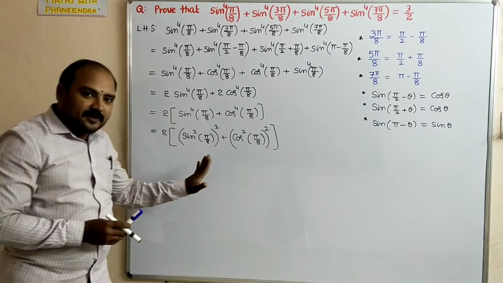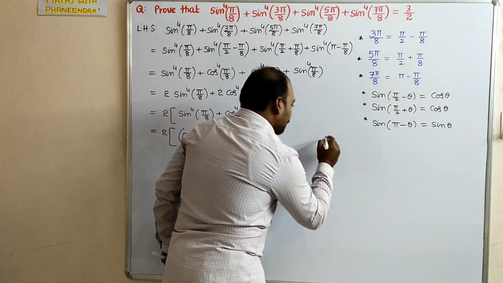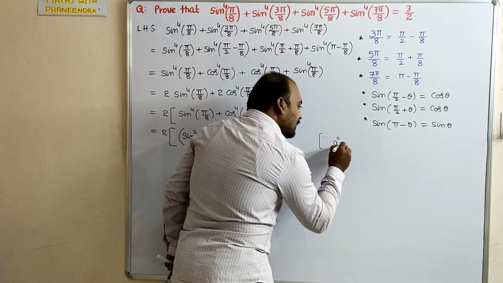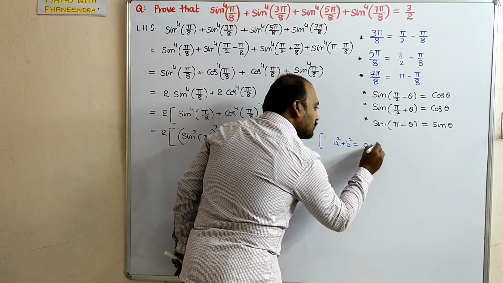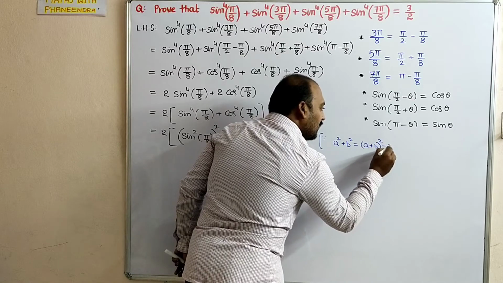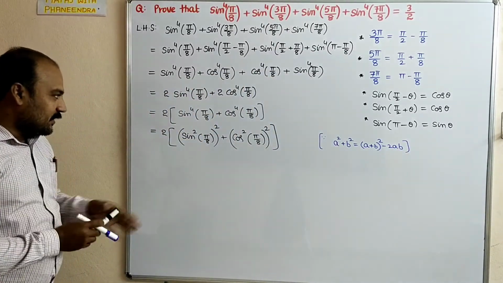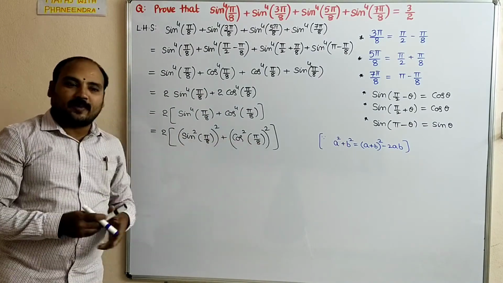After writing this step, we have to apply this formula: A square plus B square equals A plus B whole square minus 2AB. Here A is sin square pi by 8, B is cos square pi by 8.